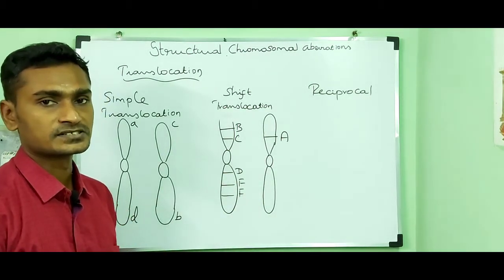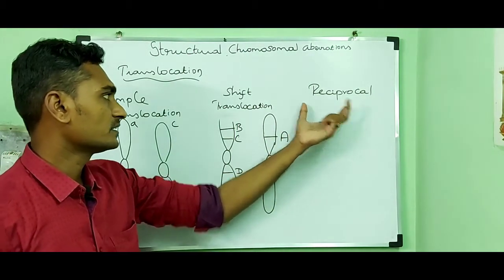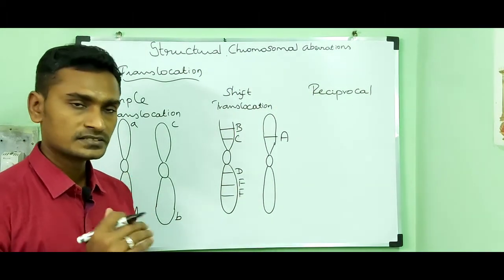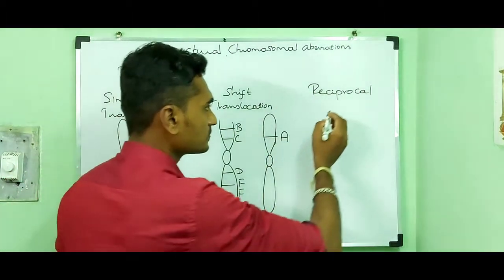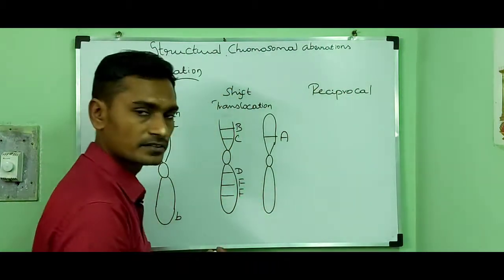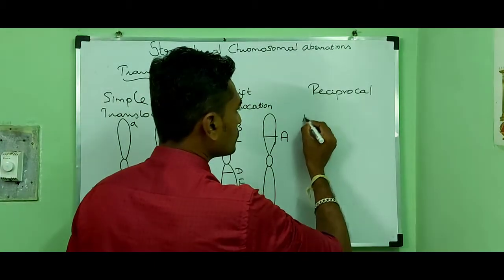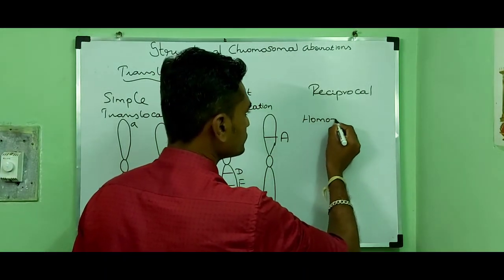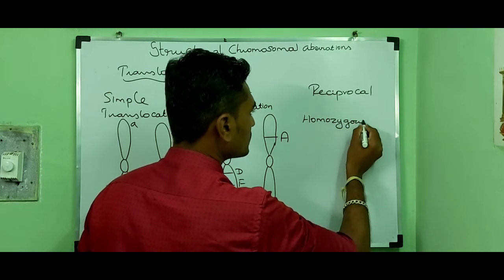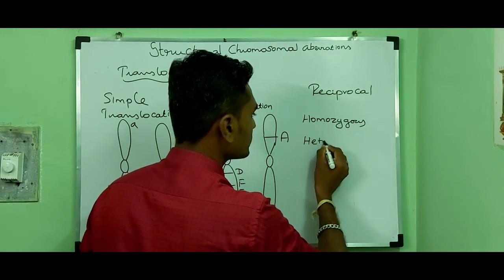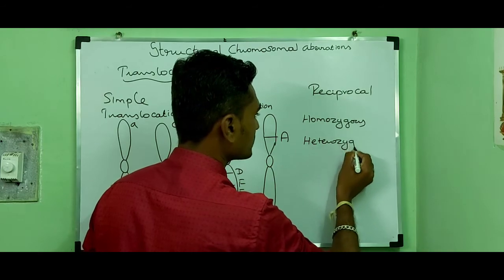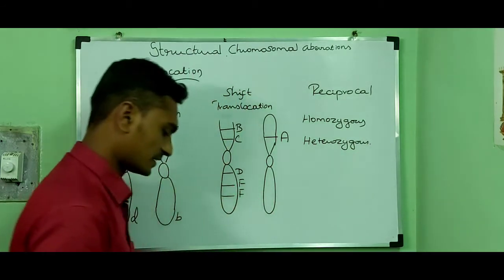Then the final one is reciprocal translocation. Reciprocal translocation may be divided into homozygous and heterozygous translocation.